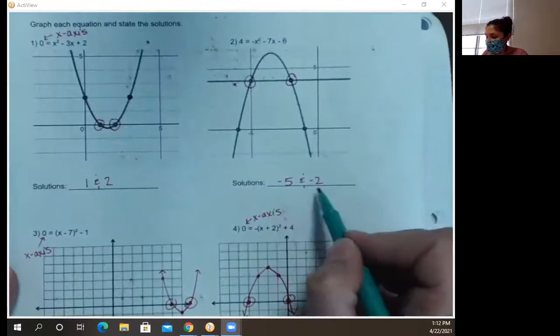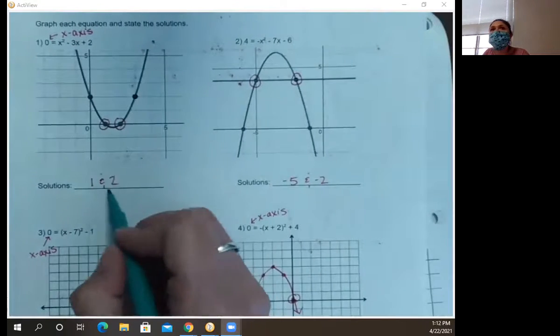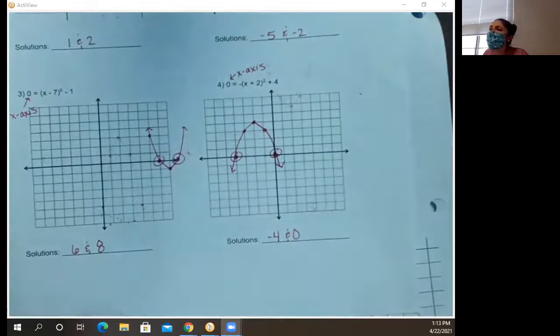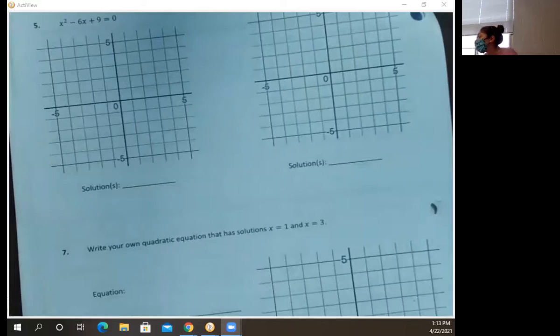Here we had a negative 5 and a negative 2. Here we had a 1 and a 2. Here we had a negative 4 and a 0. So I know that solutions to quadratic equations don't have to be the same number, positive and negative. That's not a rule, right? That's what we've seen so far for our problems for today, but that doesn't mean every problem has to be like that.